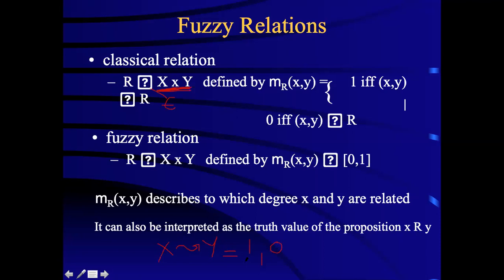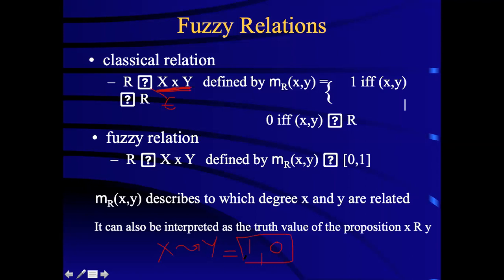So in a standard relation, the possible outputs are 1 and 0. So X and Y are related. X and Y may not be related, right? So this is what a standard or a classical logic would mean.